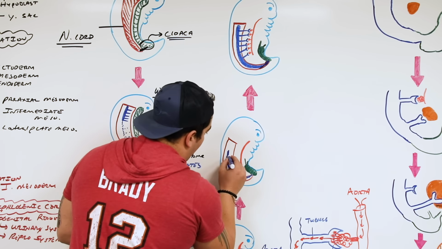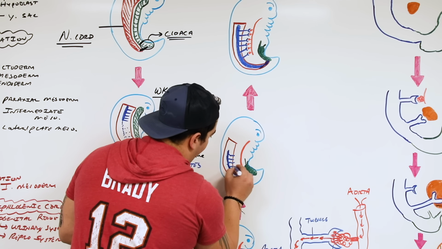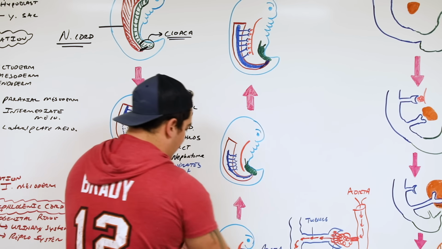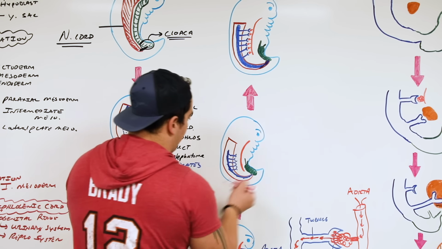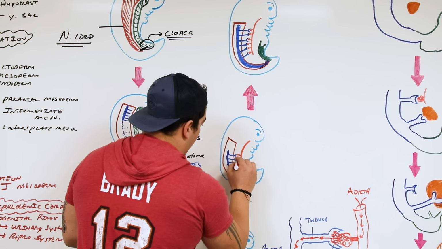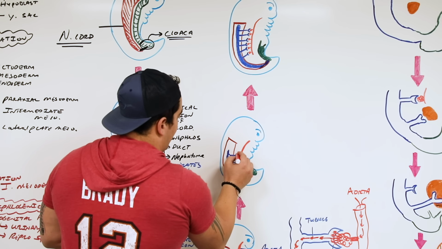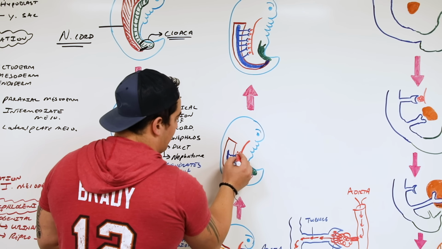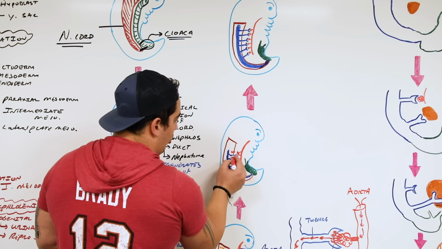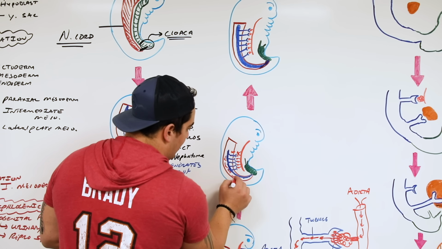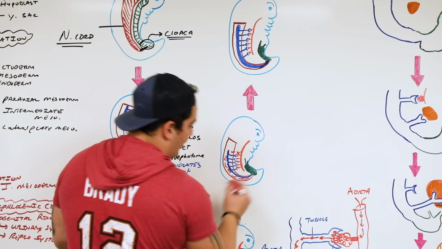Then coming off of this, the mesonephric tubules forming a Bowman's capsule. Then coming off of the aorta, the angiogenic process making the little glomeruli. From this, you're filtering the plasma from the blood, moving through the Bowman's capsule, through the mesonephric tubules, down the mesonephric ducts, emptying into the cloaca.